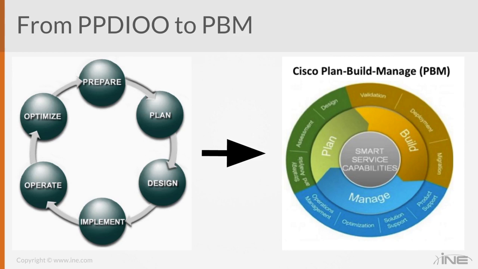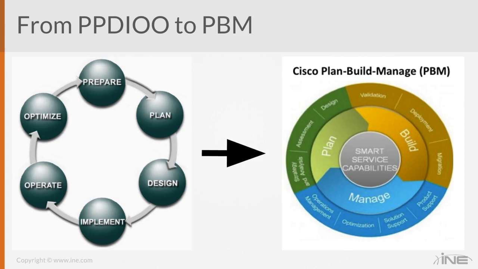Under the plan, there are a couple of sub-steps: strategy analysis, assessment, design. For the build it is validation, deployment, migration, and for the manage it would be product support, solution support, optimization, operations management.